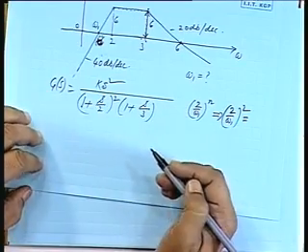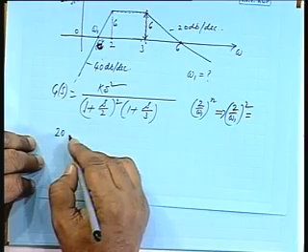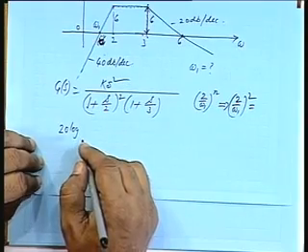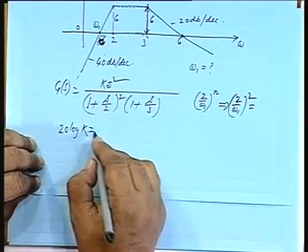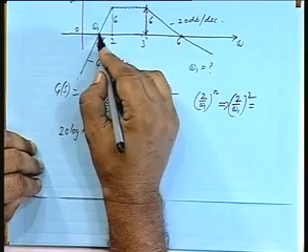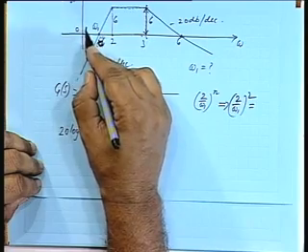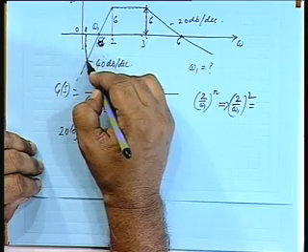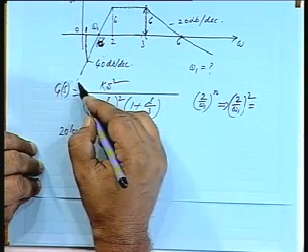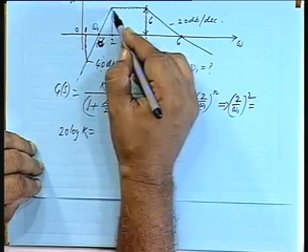So how much is k now? We know this is 6. So 20 log of k. So at omega equal to 1 it is how much? Minus 6, because it is 40 dB per decade, which means 12 dB per octave.